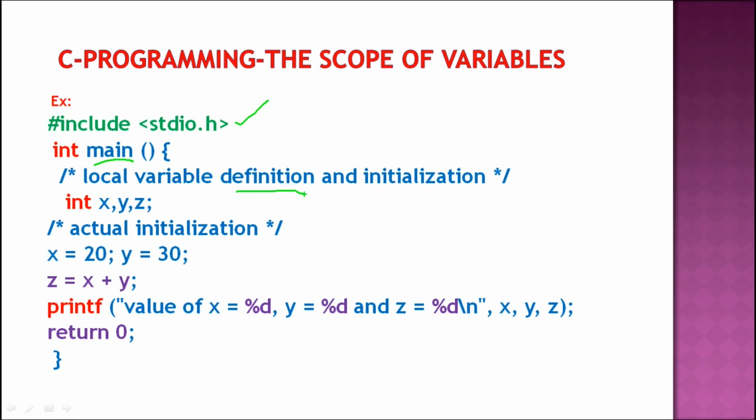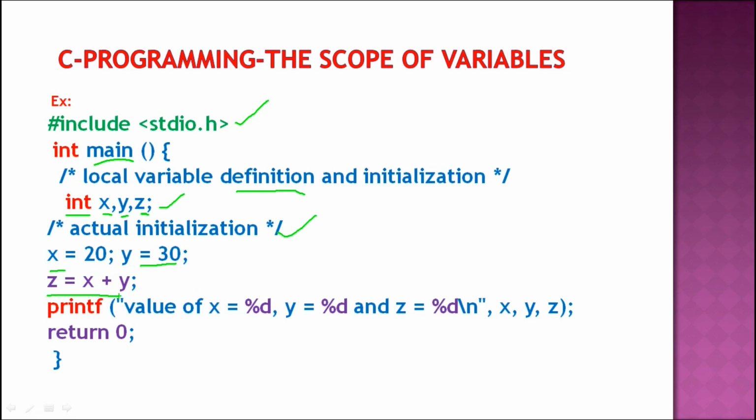We declare x, y, and z as integer type variables, and we initialize our values: x is equal to 20 and y is equal to 30, and we give z is equal to x plus y, adding those two variables.